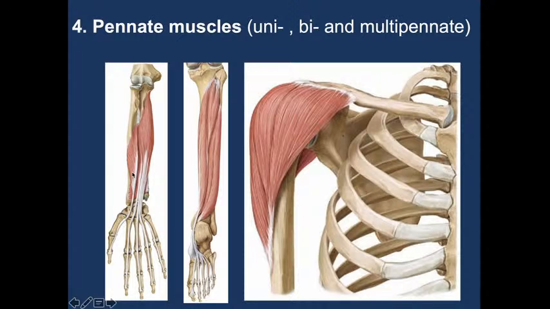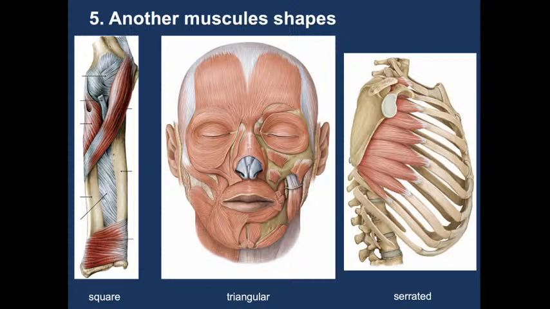They connect with the tendon at an angle, constructing an angle between them. And in a different form, we could find square muscles. Here is musculus quadratus, musculus pronator quadratus in the forearm.